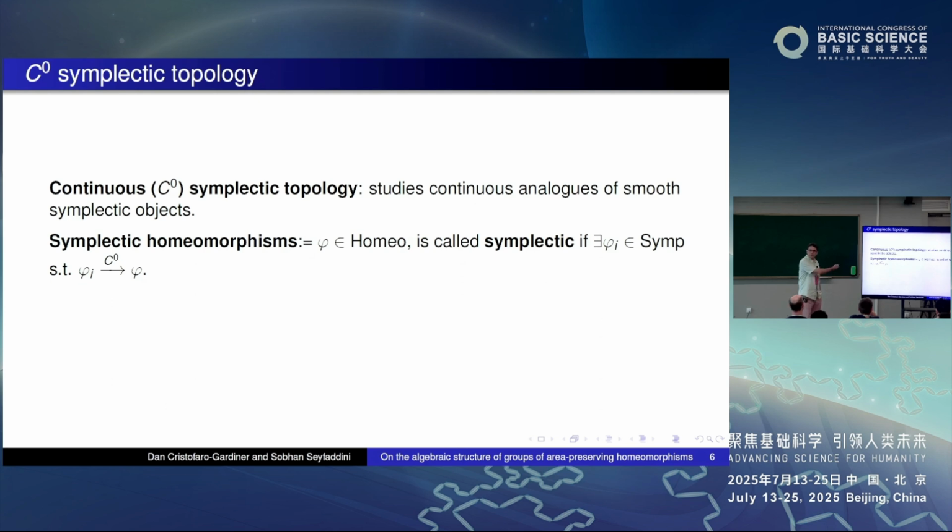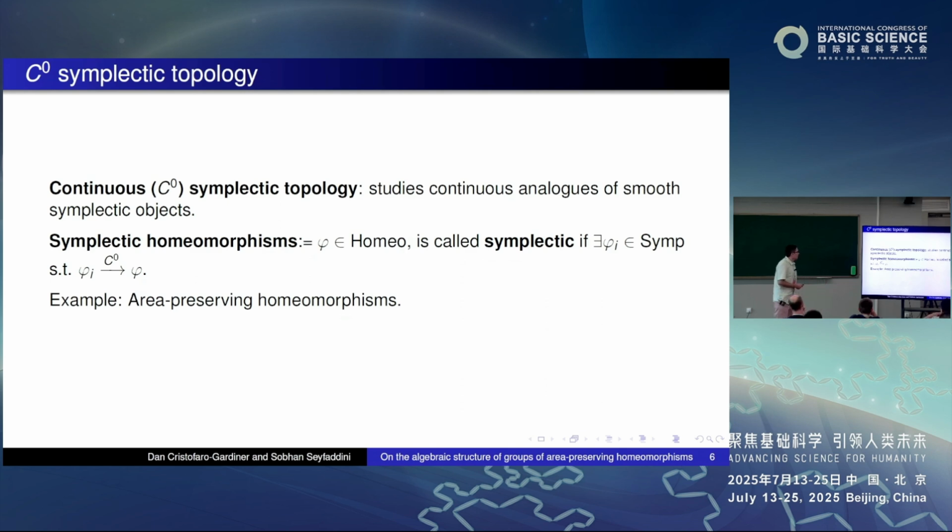And the Gromov-Eliashberg theorem tells you this definition is well defined, because if this limiting object turns out to be smooth, then it's an honest symplectomorphism. So what are examples of symplectic homeomorphisms? All area-preserving homeomorphisms of surfaces. This is where the connection between smooth symplectic topology and area-preserving homeomorphisms comes from, and that's what allows us to bring the tools of symplectic topology, such as various forms of Floer homology, to bear on the question of the simplicity conjecture.